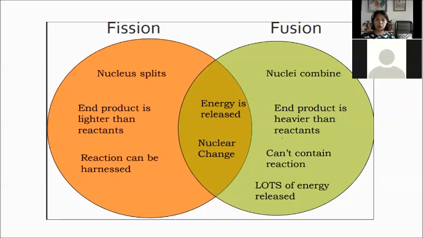End product ng fusion is heavier than the reactants. So in fission, the reaction can be harnessed, while sa fusion cannot contain the reaction because lots of energy is released. And common sa dalawa, energy is released and this is a nuclear change. There is change in nucleus.